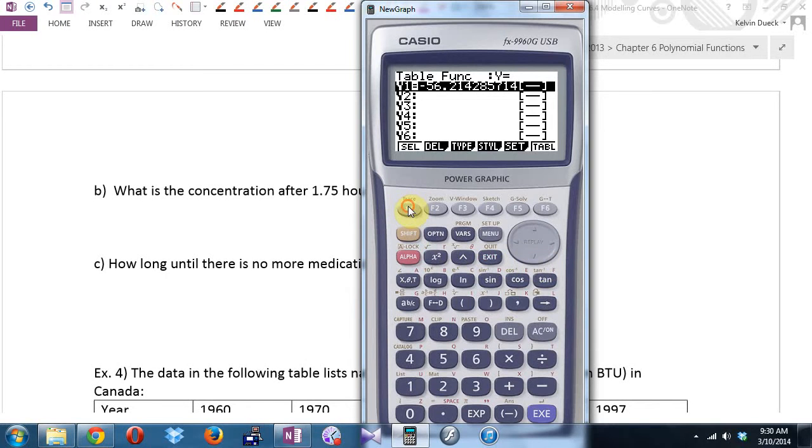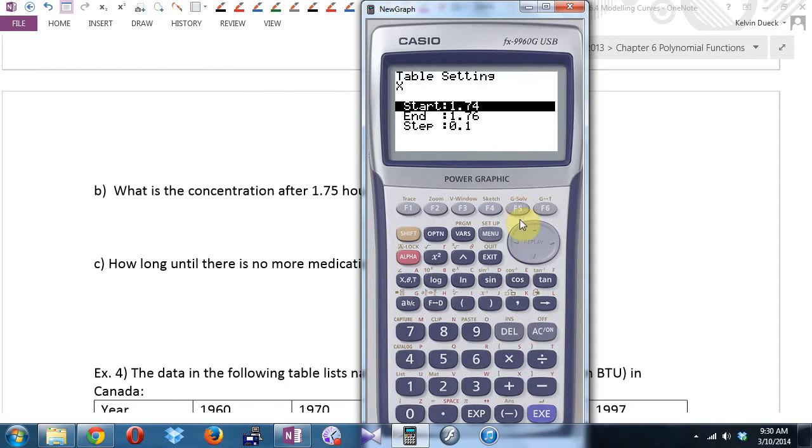I have to select that graph. And I get a concentration of approximately, oh, did I set the table wrong? Oh, I want to go up by 0.01.